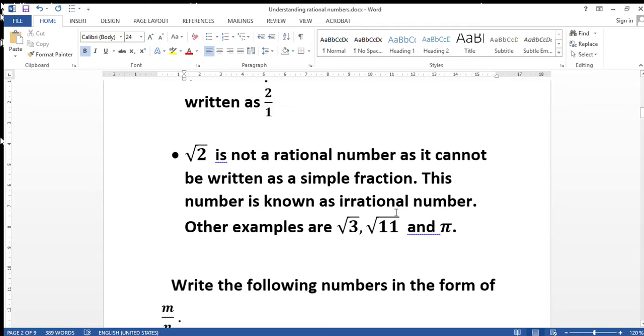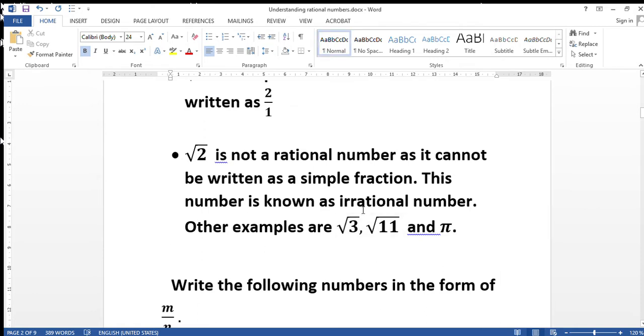Irrational numbers, rational numbers, and real numbers, again, we have this topic in M2. I'm not explaining it right now, but when you go to M2, you will learn about that.